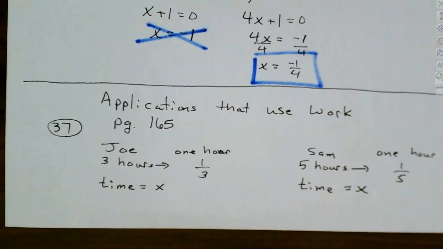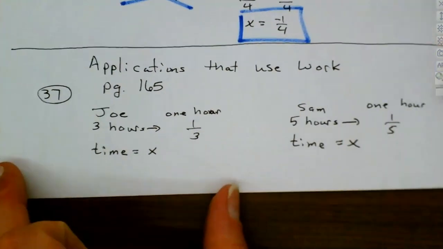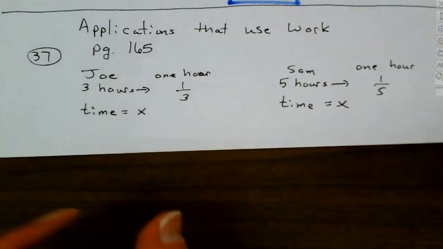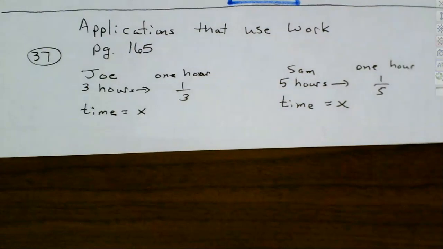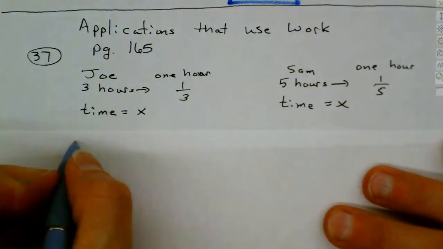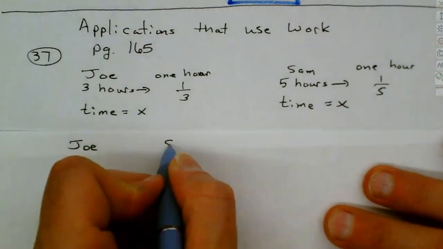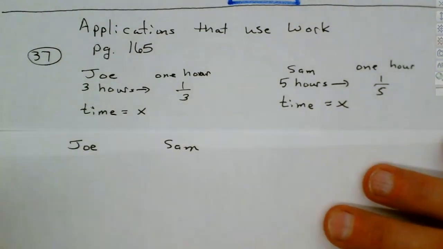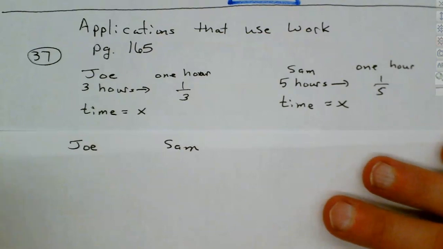These are working together, so they're going to add. The next one will be subtraction, but this one is addition because they're helping each other. So we put them together, and our equation looks like this. We have Joe and we have Sam, and just like we did with distance, we multiply.